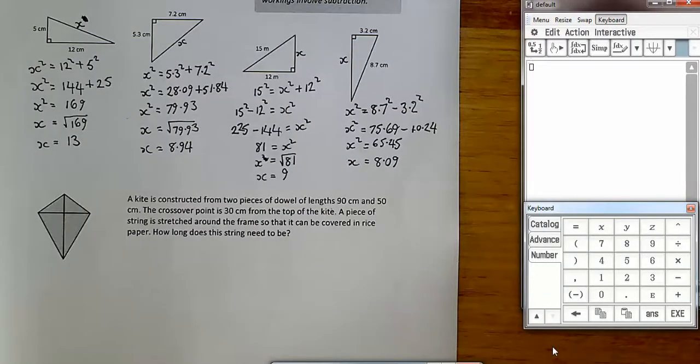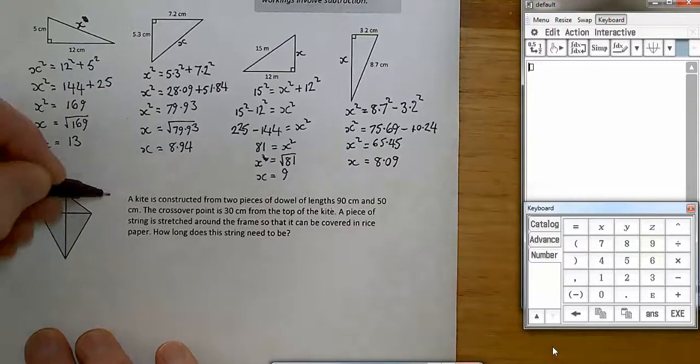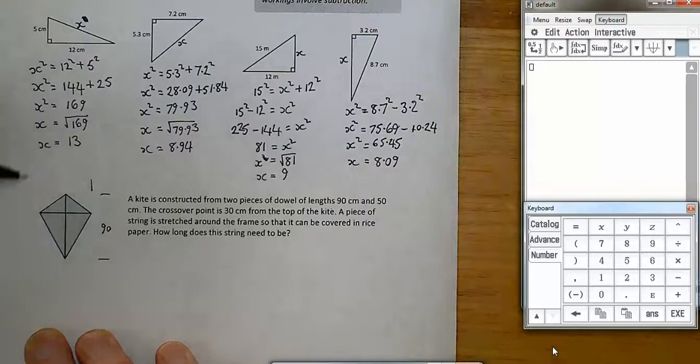Practical problem here. We've got a kite. It's constructed from two pieces of dowel, lengths 90 centimetres and 50 centimetres. So these are the wooden dowel here. So one of them is 90 and the other is 50.